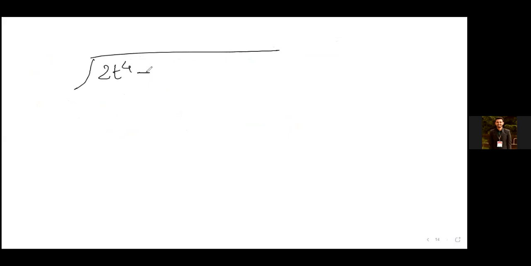2t to the power 4 plus 3t cube minus 2t square minus 9t minus 12. Here t square minus 3. To obtain this, we multiply with 2t square. You get 2t to the power 4.